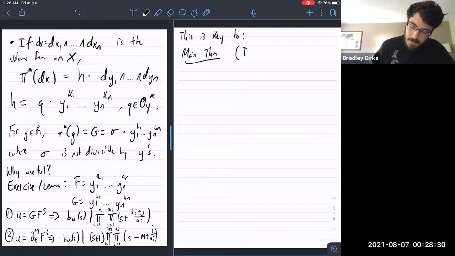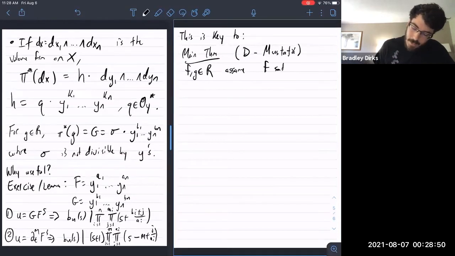It encapsulates the theorem of Kashiwara and the theorem of Lichtin, but this is with my advisor, Mircea Mustață. Okay, so let F and G be in R, and we're still going to assume F satisfies this star.